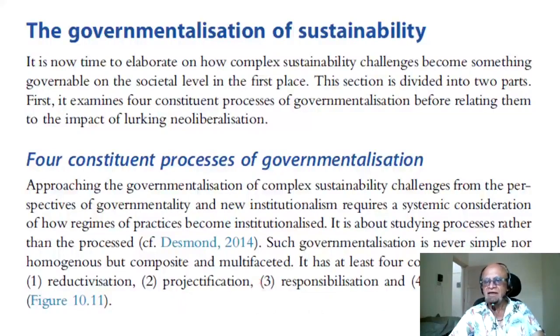It has at least four constituent processes: reductivization, where you simplify the problem to make it understandable and governable, let's say; projectification, where once you have the preferred state defined, you want to see how to get there through projects and programs; responsibilization; and commodification.